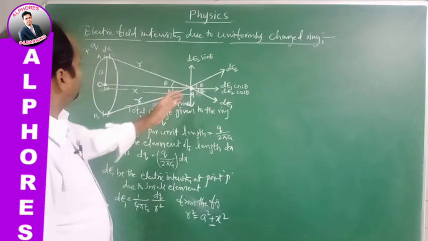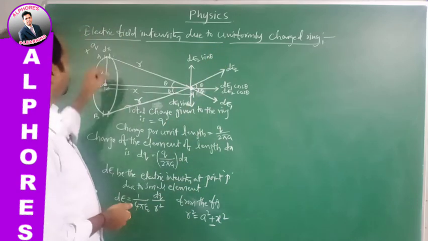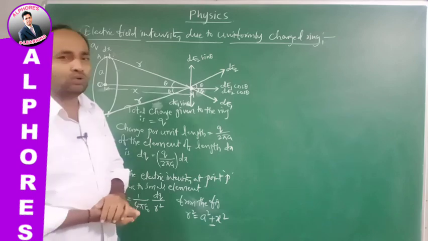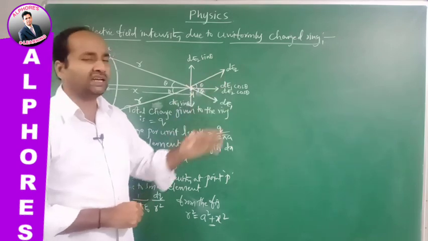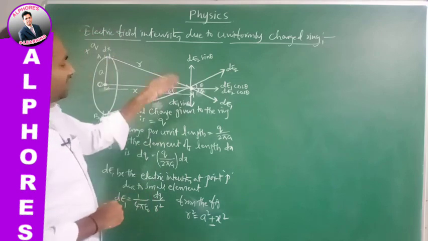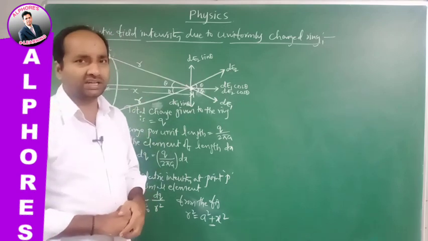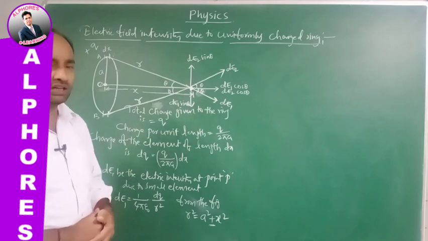If you observe, due to these two diametrically opposite elements, the horizontal components of electric field intensity are along the axis, but the vertical components are opposite in direction and equal in magnitude.